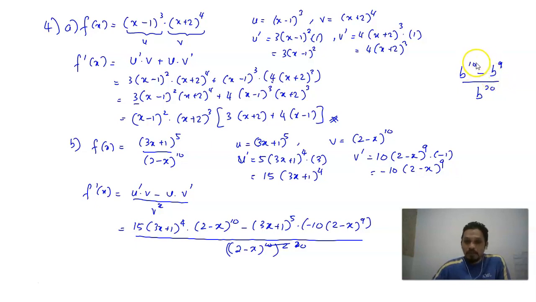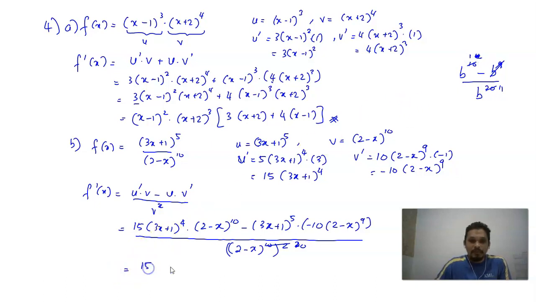If we divide b^10 with b^20, cut all the 10, and 20 minus 10 equal to 10, but this one here is only 9. So it means that here we can only divide by 9, I think so. So it comes out with 11, then cut everything here, and this one comes out with 20 minus 9 equal to 11. 10 minus 9 equal to 1. Sorry, actually that here.